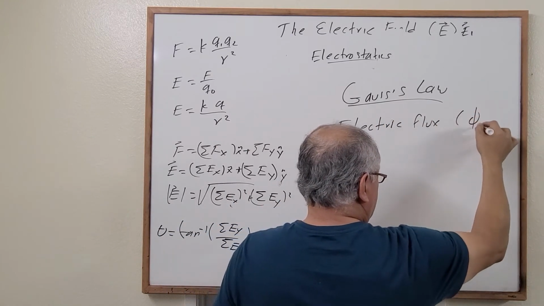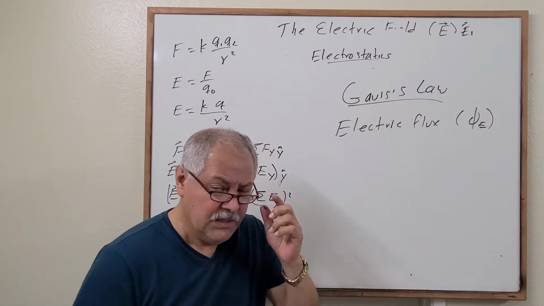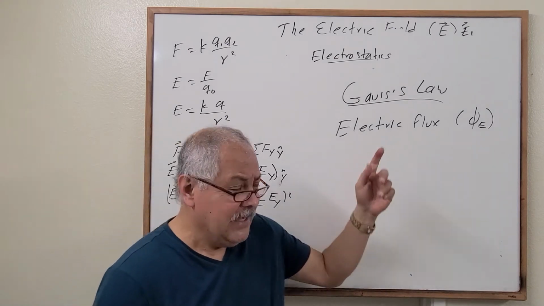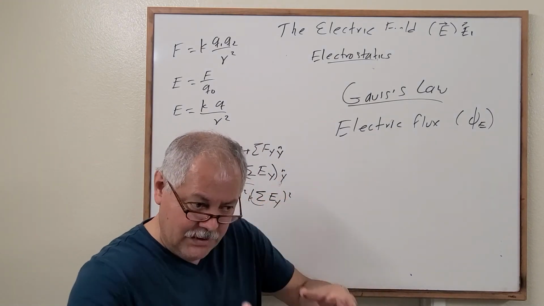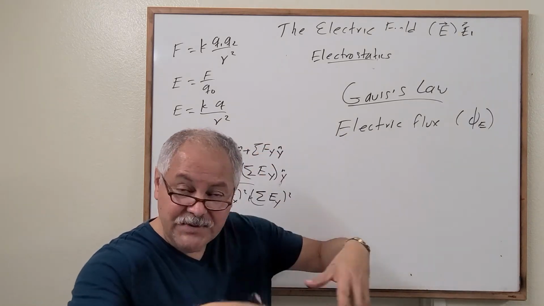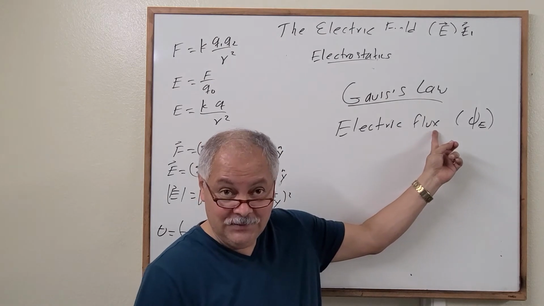The symbol is this. Let's say electric flux. In this case, we take the electric field like a fluid, a substance that flows. That's why it's called electric flux.